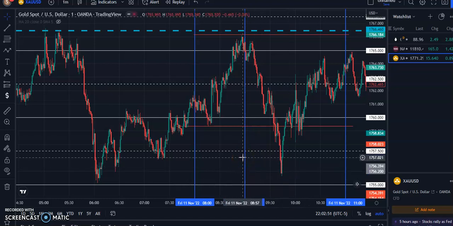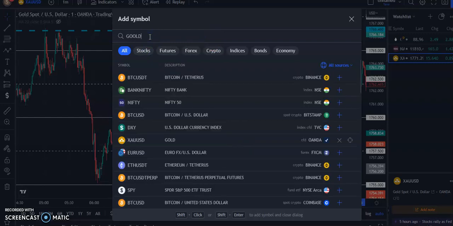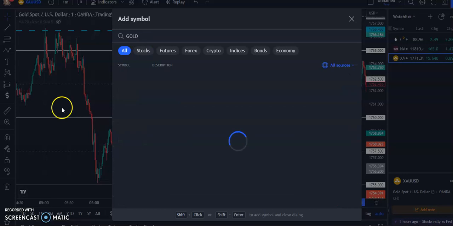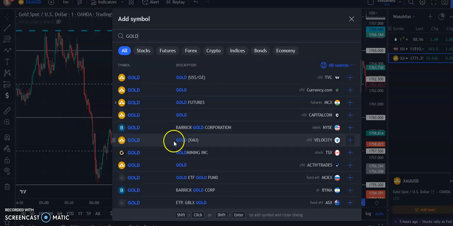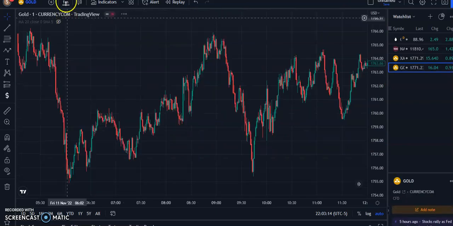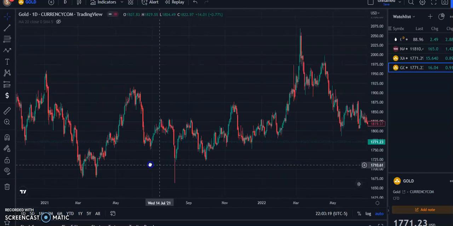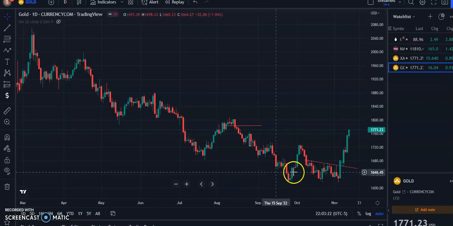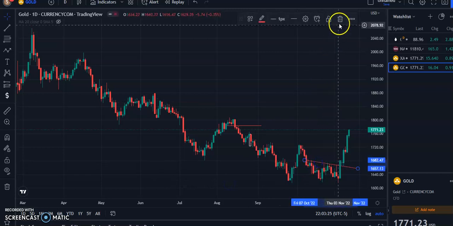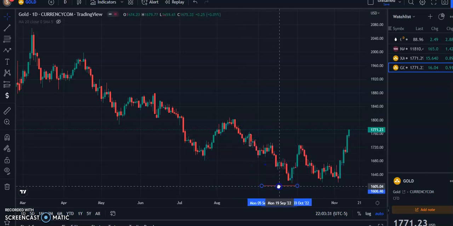Now, when you look at the larger time frame of gold, let me show you what I was looking at. Let's use this one. Now, as you can see, we have this low.